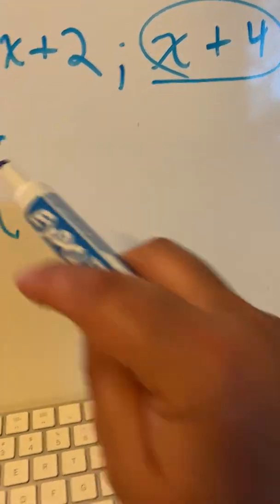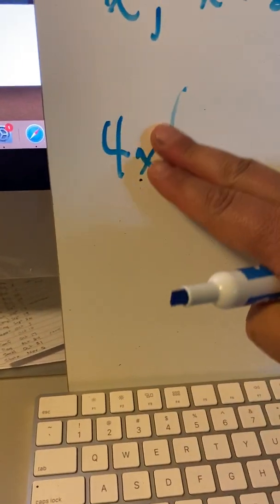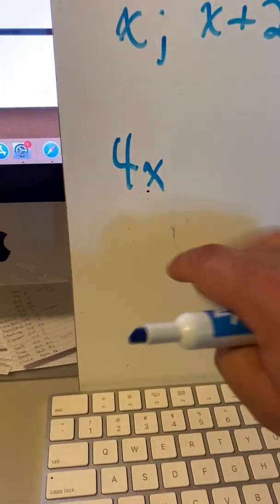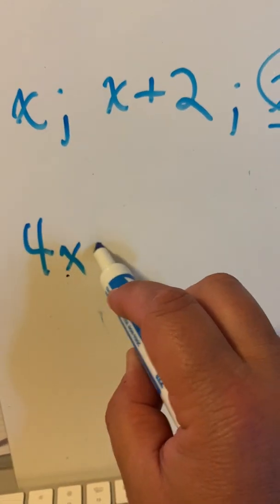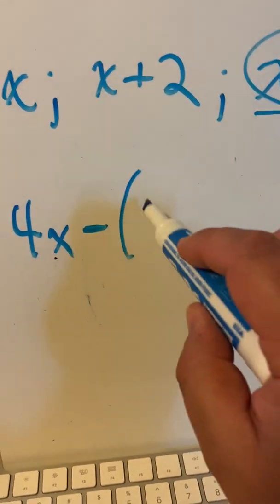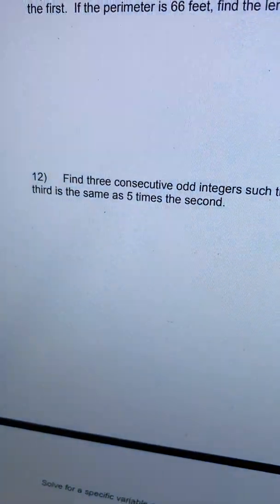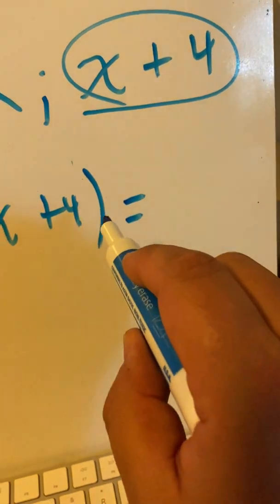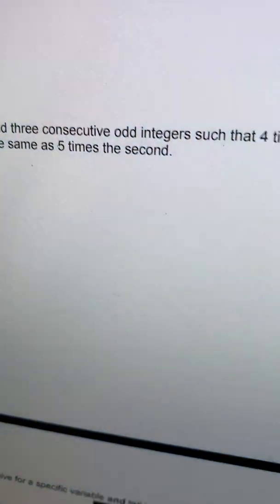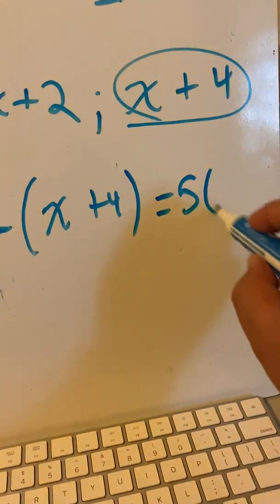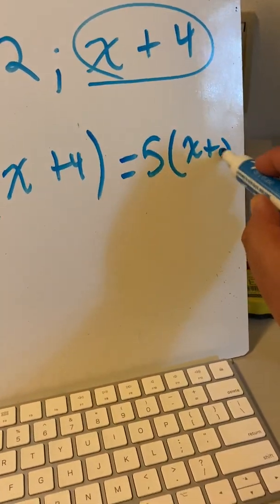Decreased means you're subtracting by the third. x plus 4 is the same as, equal to, 5 times the second. 5 times the second, which is x plus 2.